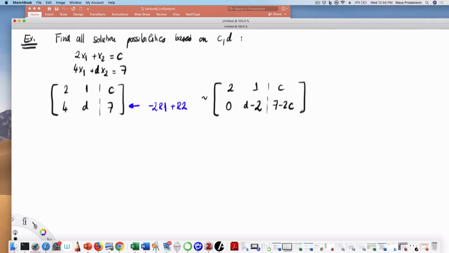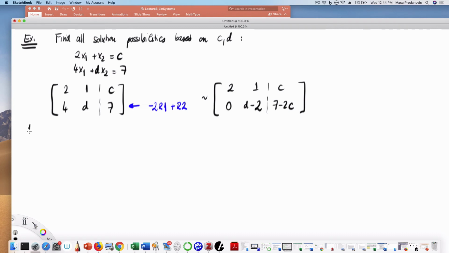Now I'm about to solve, and the first thing that I would like to do when solving this is divide by d minus 2. But I have to be careful, because what if that is a 0? So now we are considering all of the options.